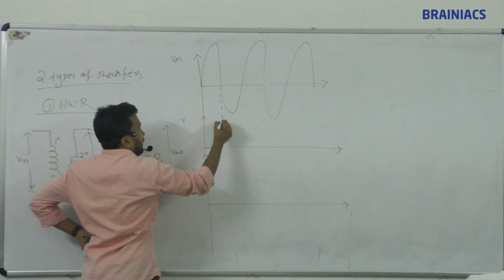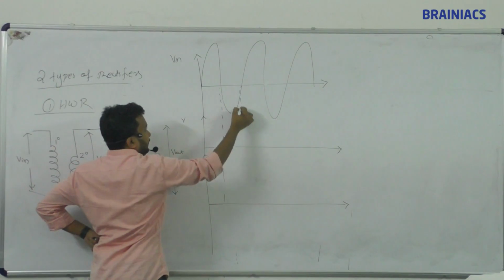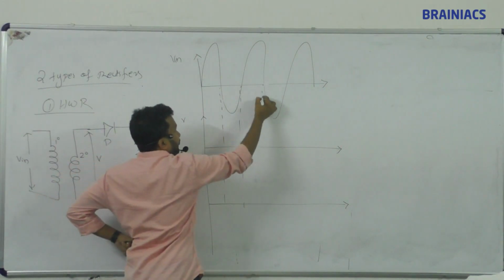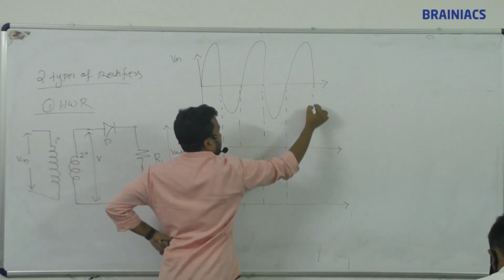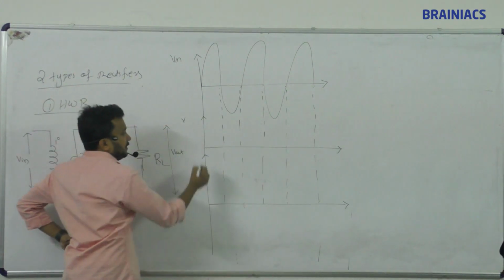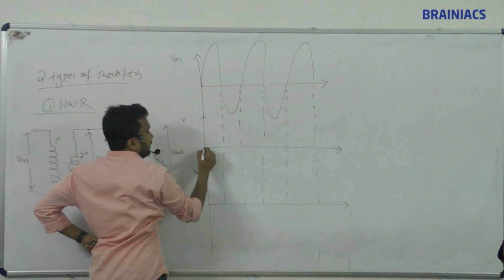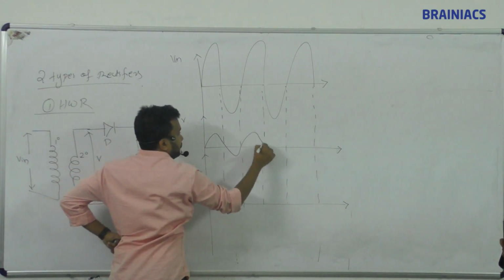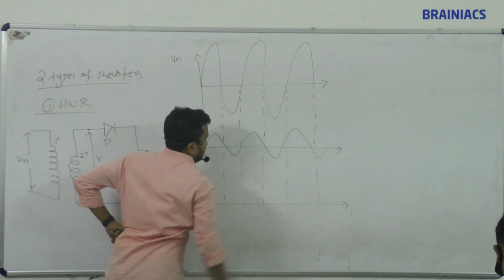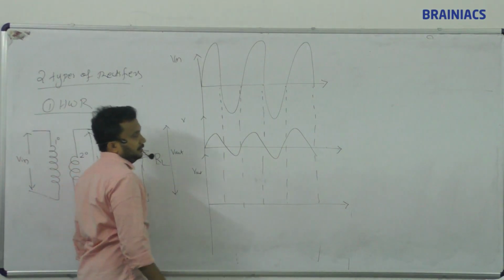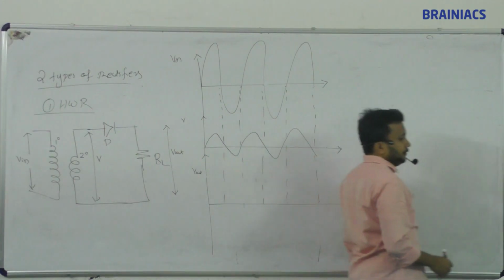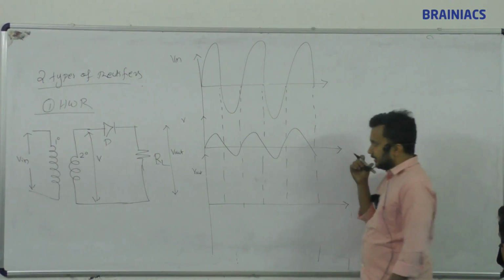You will get a low amplitude signal, correct? The amplitude becomes small like this. So the amplitude is small. This is the output of the secondary coil of the transformer, and it is stepped down.